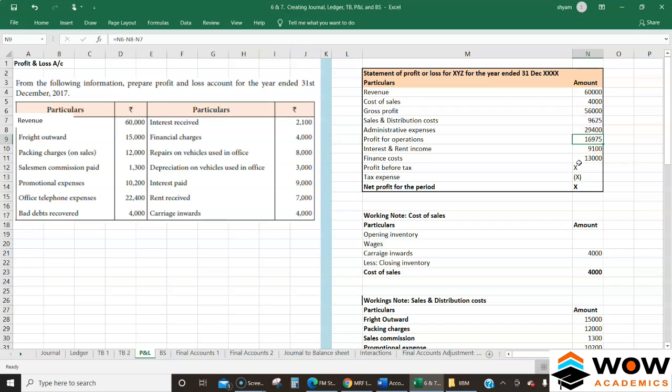From there we have an income under cost. So our profit after tax would be operational profit plus the income minus the expense. We don't have tax in this problem. So whatever is our profit before tax would be our profit after tax.